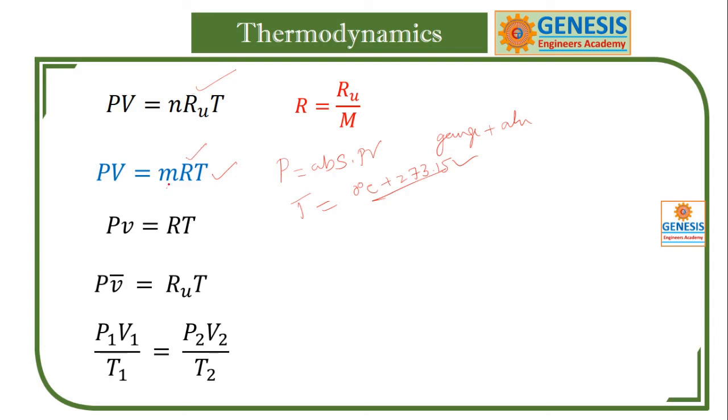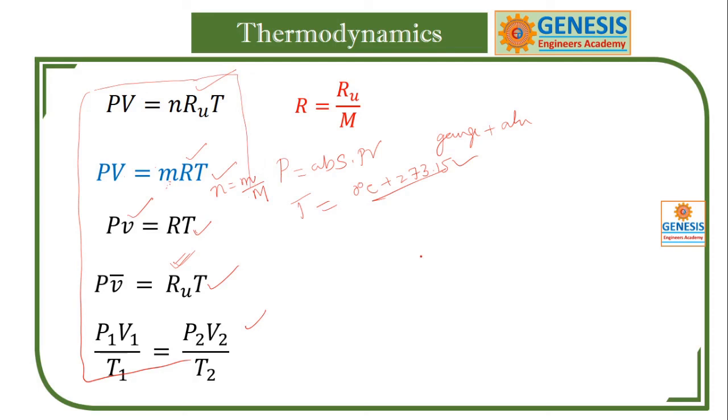This is obtained using the formula n is equal to mass by molecular weight, and this is obtained by dividing the total volume, an extensive property, by mass. We get this specific property, and this is molar volume. In this case we have to use the universal gas constant. So you must be very accurate using these equations.